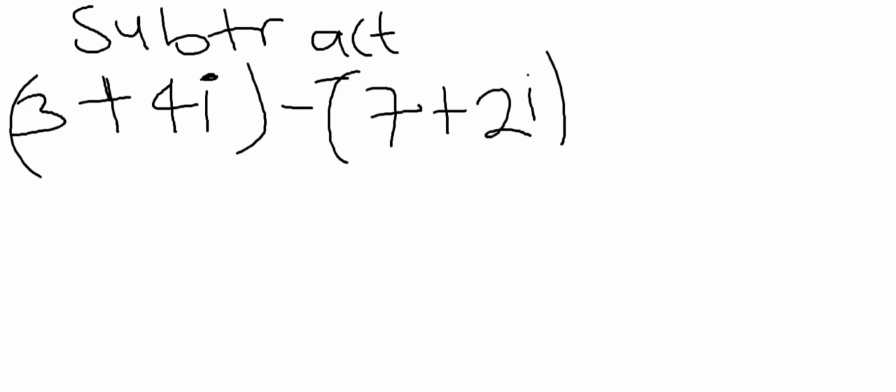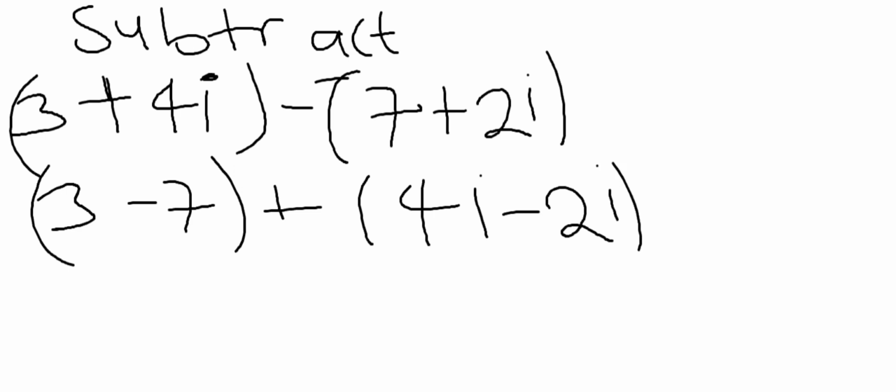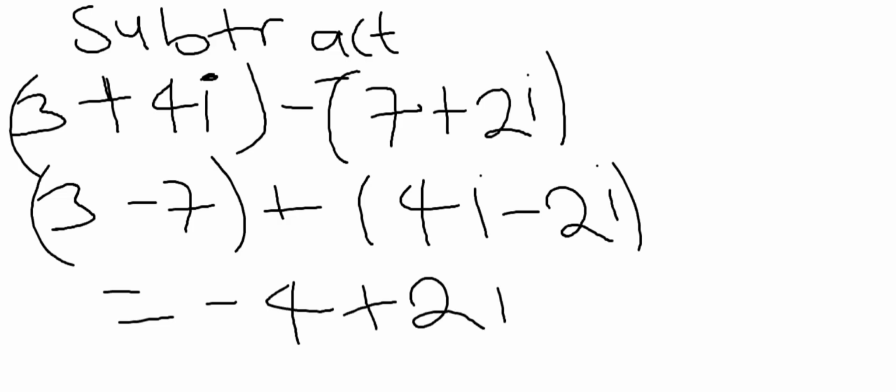What do we have? We have 3 minus 7, plus (4i minus 2i)... which is equal to negative 4 plus 2i. So this is what you should know when it comes to addition and subtraction of complex numbers.